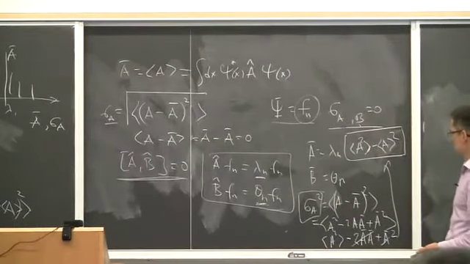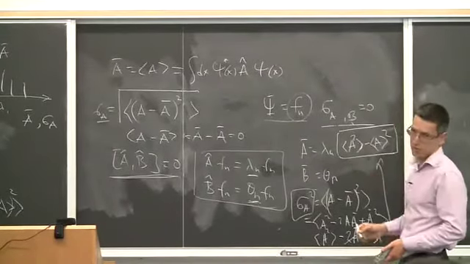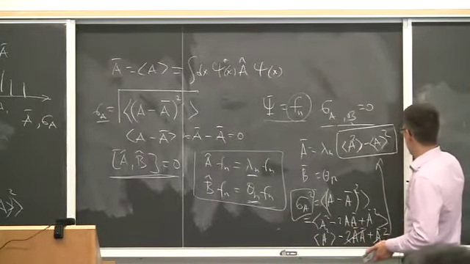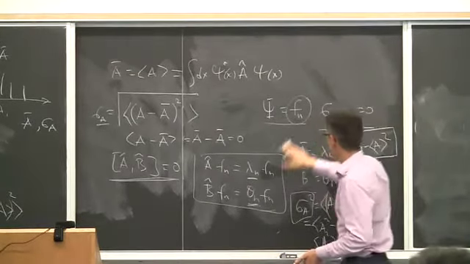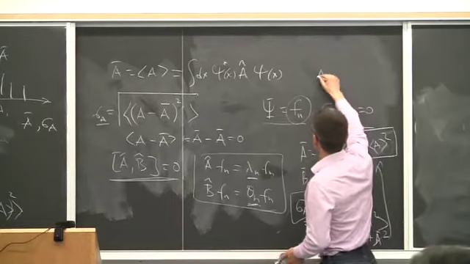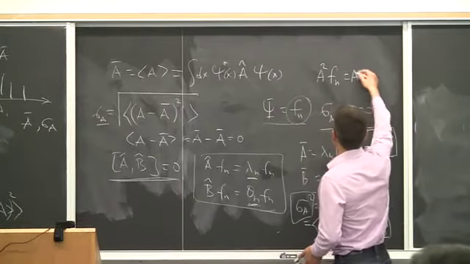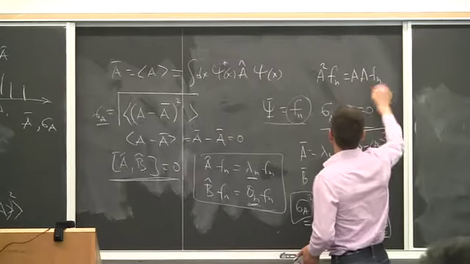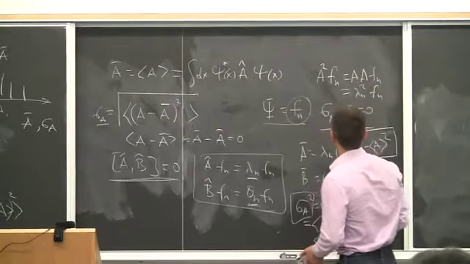That means that when we have an eigenfunction to put here in averaging, then what we will get is Fn, our eigenfunction. It's also an eigenfunction of A squared, since we just act with A twice, and that will be just lambda n squared Fn.